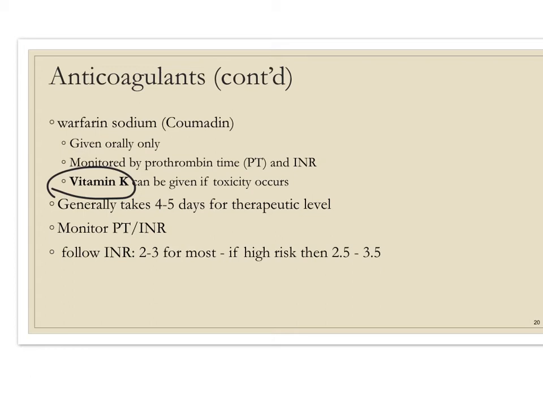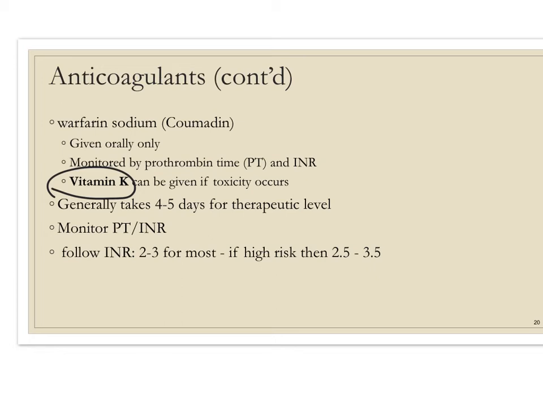So if they eat a normal, balanced diet and currently eat green leafy vegetables, that's fine, but they wouldn't want to suddenly include a large consumption of green leafy vegetables.